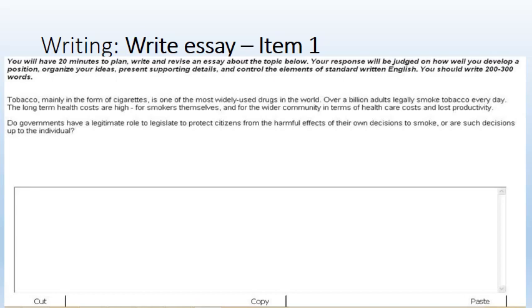So here is the instruction about this question. You will have 20 minutes to plan, write and revise an essay about the topic below. Your response will be judged on how well you develop a position, organize your ideas, present supporting detail, and control the elements of standard written English. You should write 200 to 300 words.